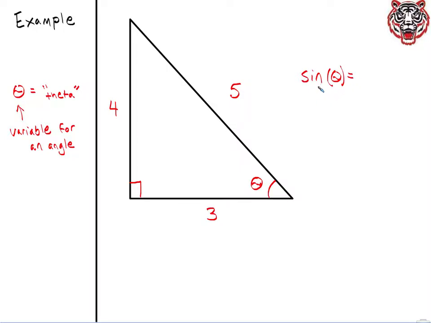So my question now is, what is sine of theta? Is that opposite over adjacent? Is that adjacent over hypotenuse? Is that opposite over hypotenuse? What is sine again? Opposite over hypotenuse. So therefore, what fraction is this? Look on your triangle. 4 over 5. There it is, 4 over 5. What about cosine of that theta?